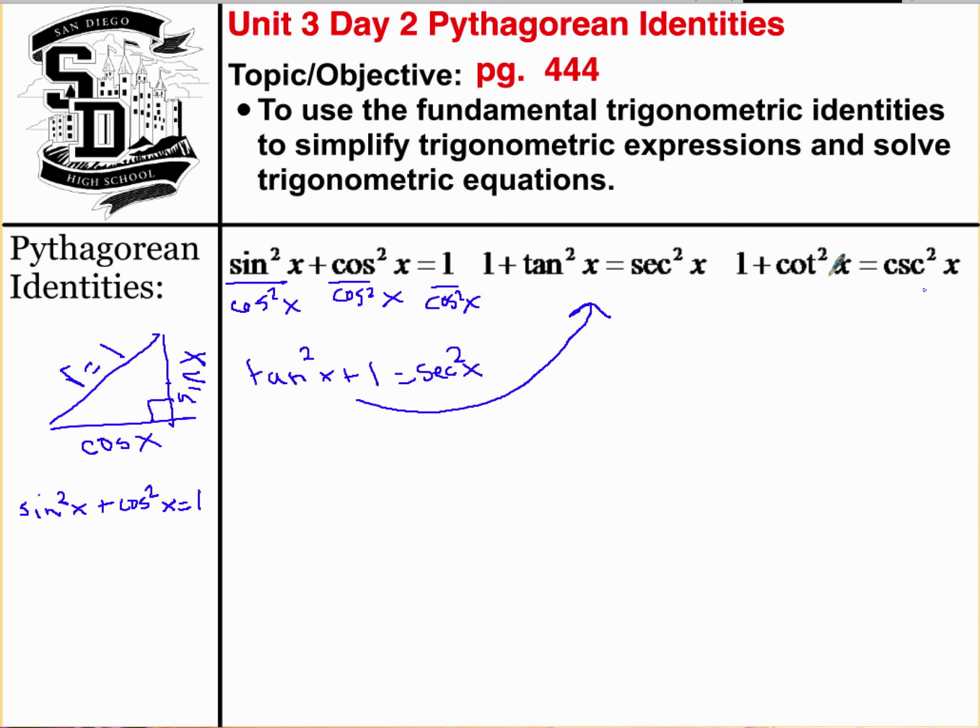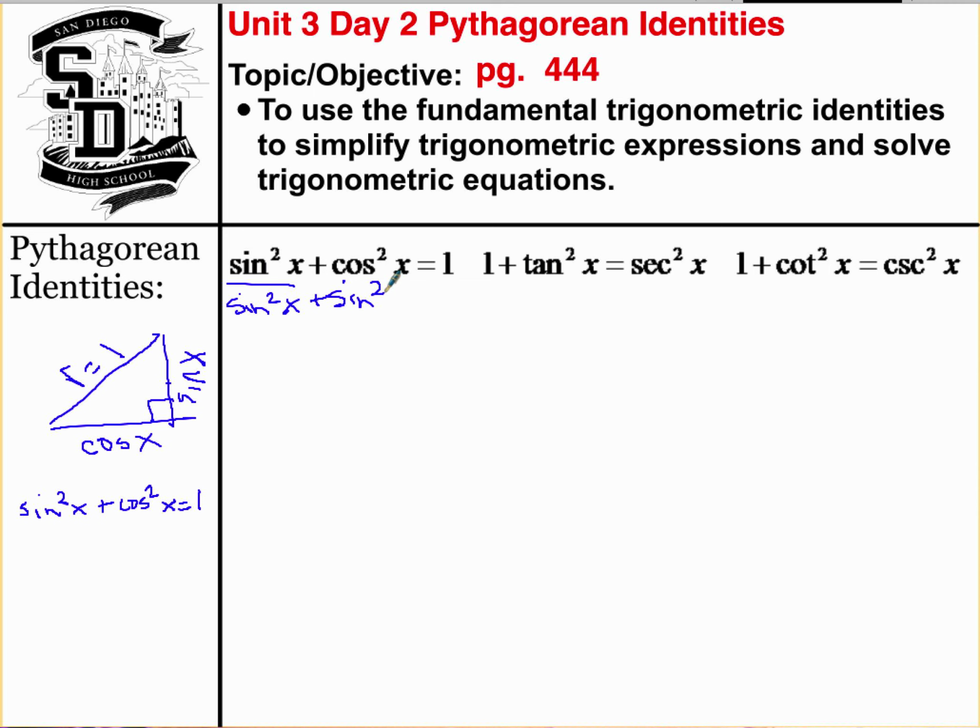So how do we get this third of the Pythagorean identities? Well, pretty simple. Instead of dividing everything by cosine squared, I'm going to divide everything by sine squared. And so if I divide every single term by sine squared, then sine squared divided by sine squared is 1.